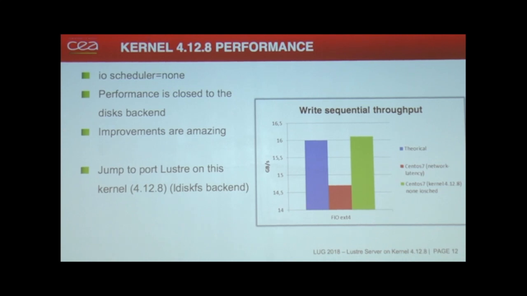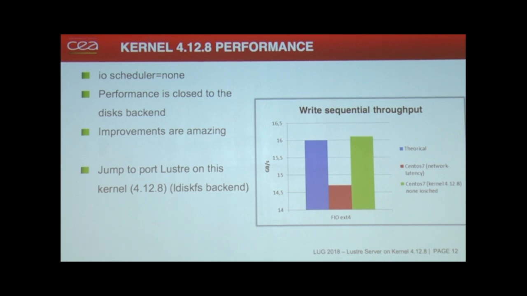Before beginning this work, we stayed on the ext4 part to see if we have improvement. Of course, we have improvement. To sum up, when we run the FIO ext4 benchmark, we are close to 16 gigs per second. You tell me, oh, it's over the theoretical speed.